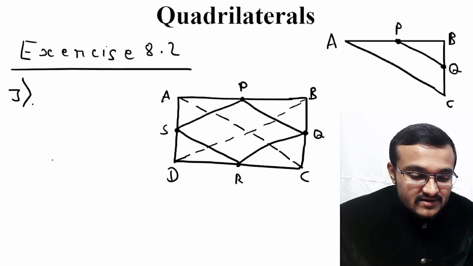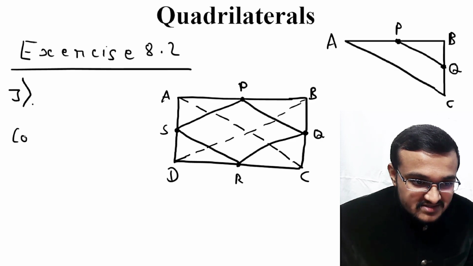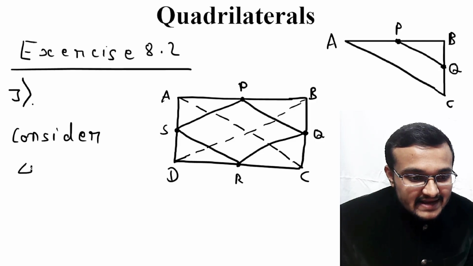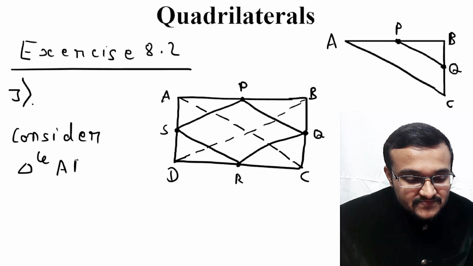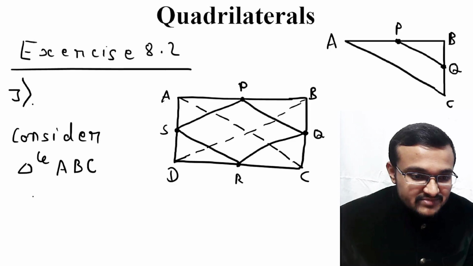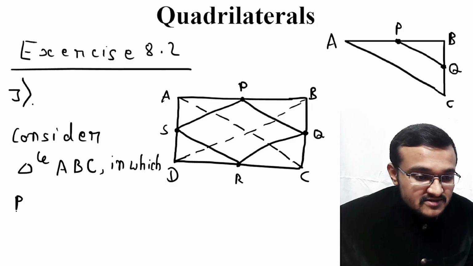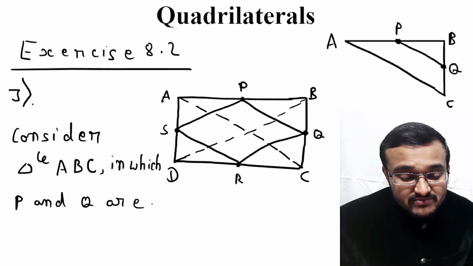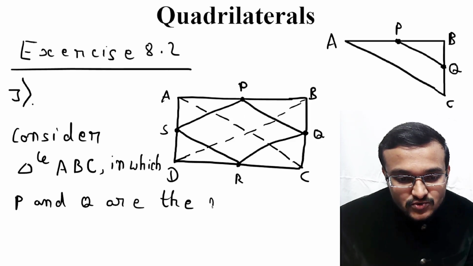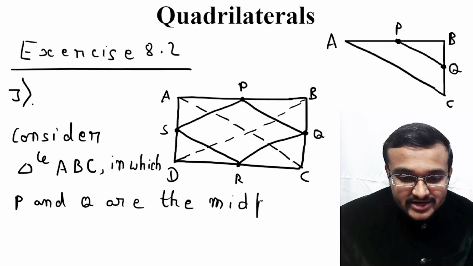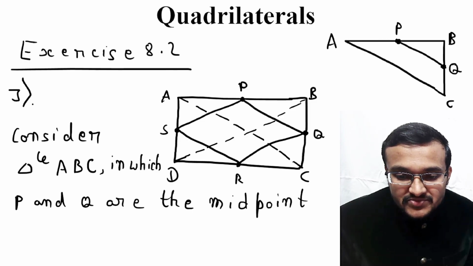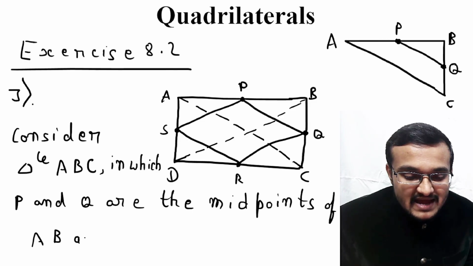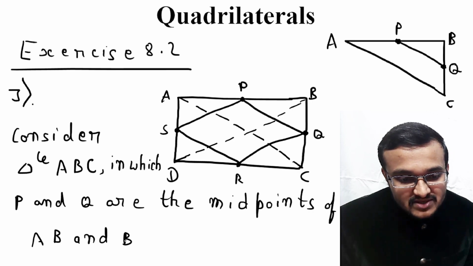So now consider triangle ABC in which P and Q are the midpoints of AB and BC.